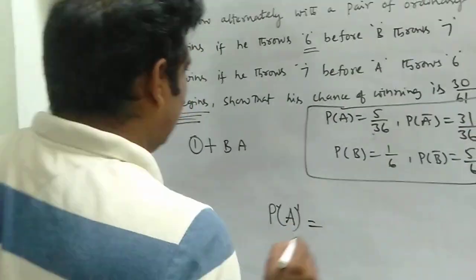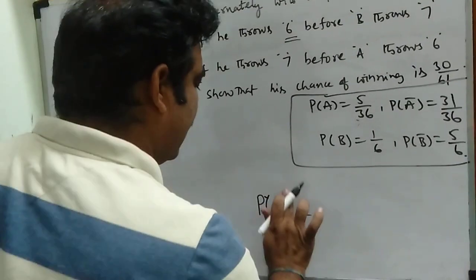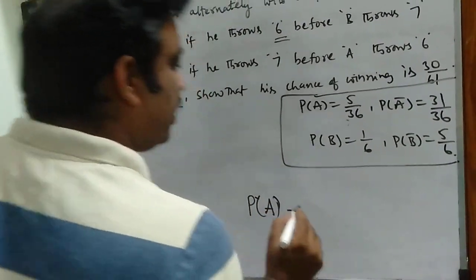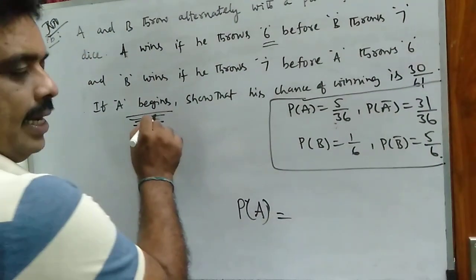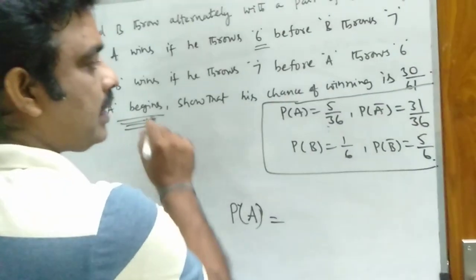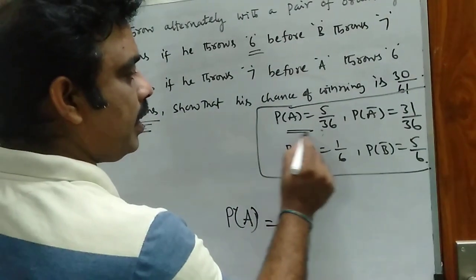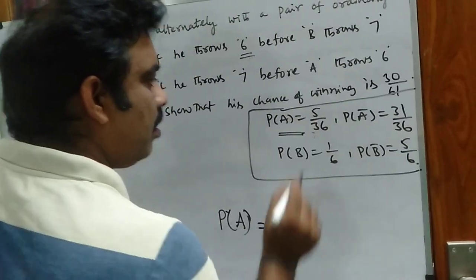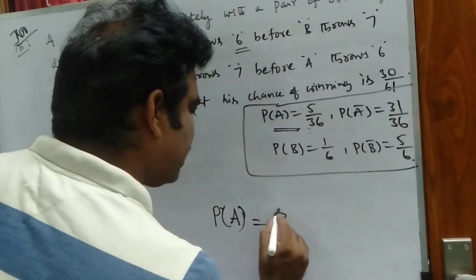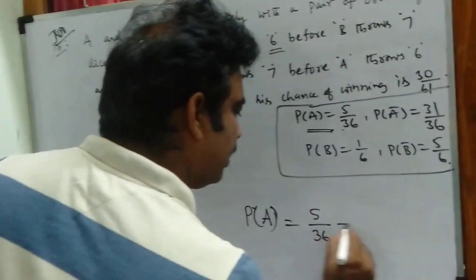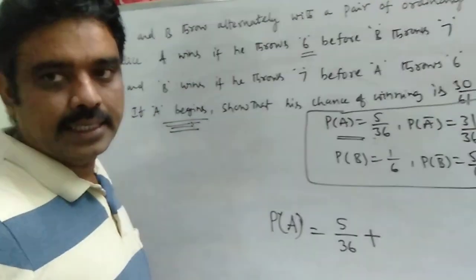So here I can write P of A in the first try. A is starting the game, so the probability of throwing 6 by A is equal to 5 by 36. So in the first trial he has to throw it, that is 5 by 36.